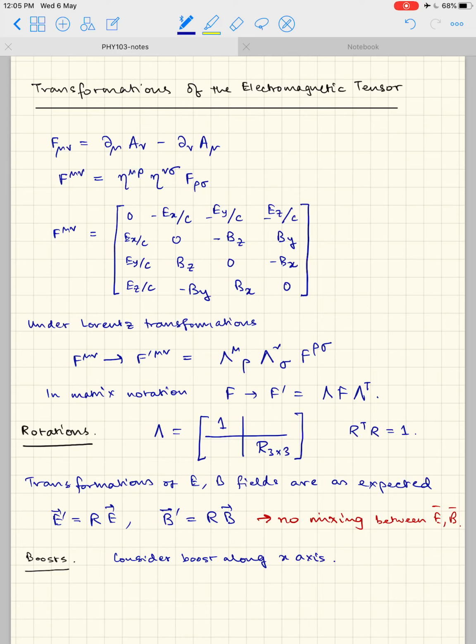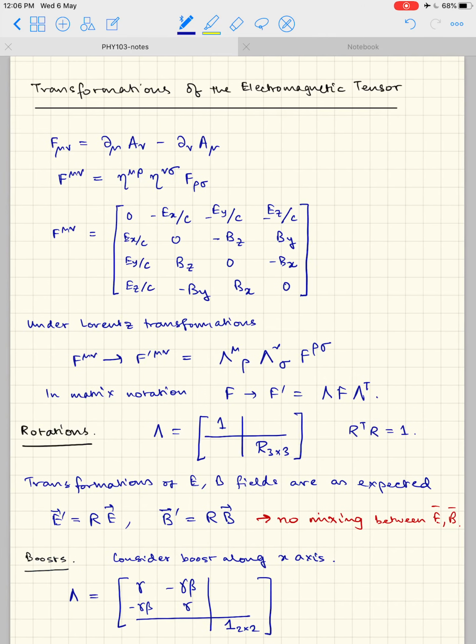You would remember that for that, lambda is given by gamma, minus beta gamma, minus beta gamma, gamma, and the rest of it is 1, so a 2 cross 2 block. So now you need to look at the transformation of the F's carefully. Okay, so let's do this.